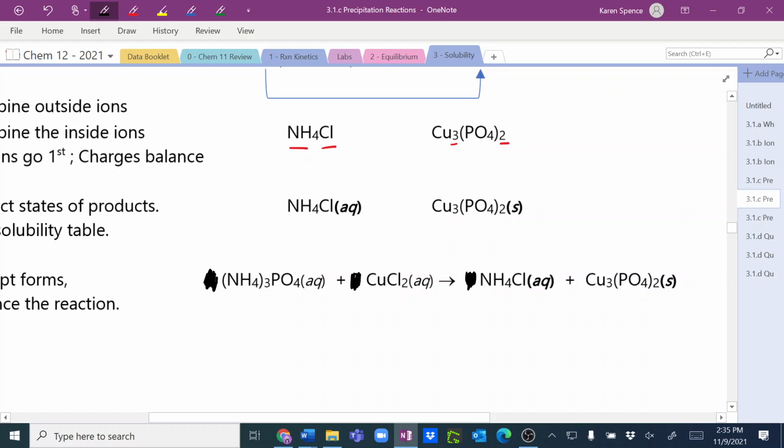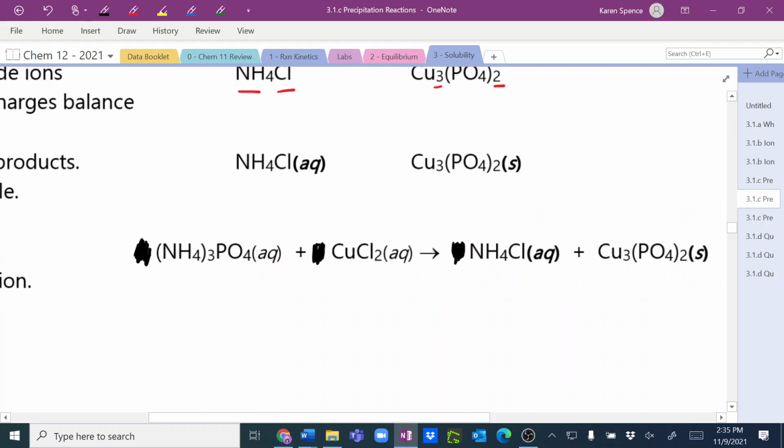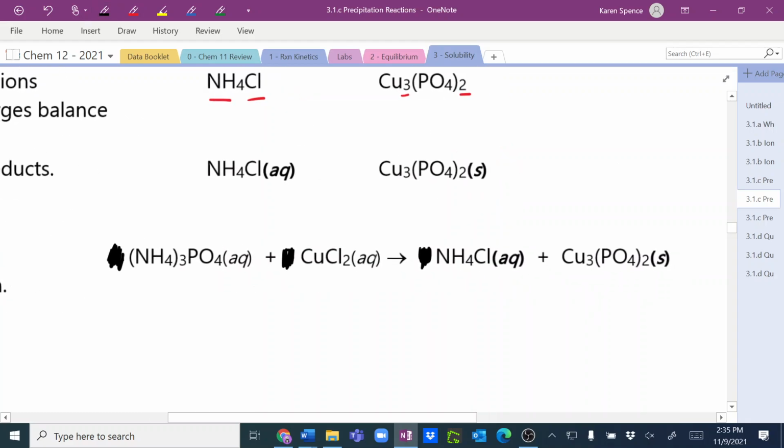There we go. Pick the thing with the most subscripts. So what I mean when I say that is you've got a 3 here and a 2 here. You ignore the ones in the polyatomic ions because they're just part of the group. If you can balance the Cu, stick a 3 in front, and the PO4, stick a 2 in front, then you can just kind of look and say, well, what does that mean I need for my NH4?